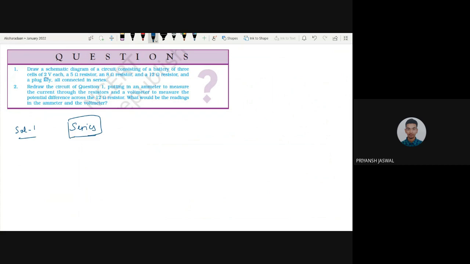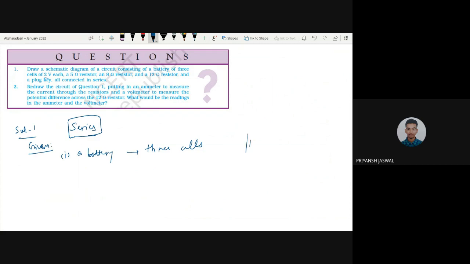Components that are given to us are a battery. They haven't given voltage directly. A battery that is comprised of three cells.